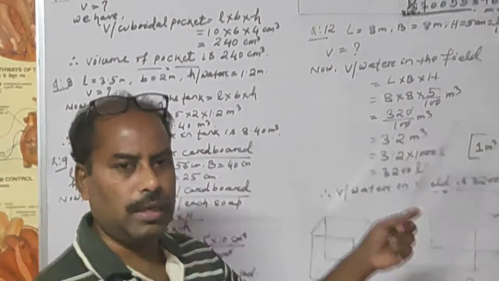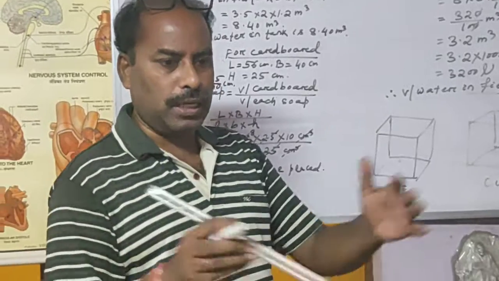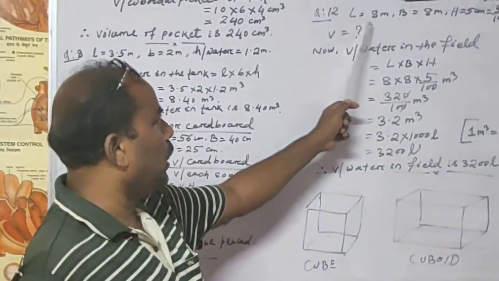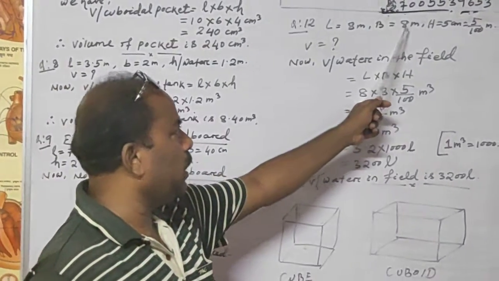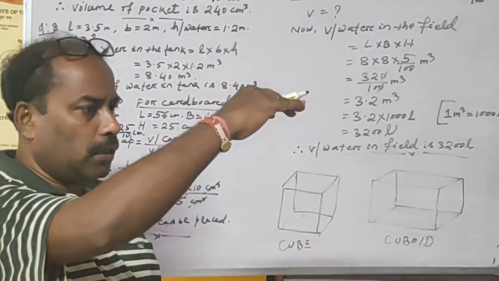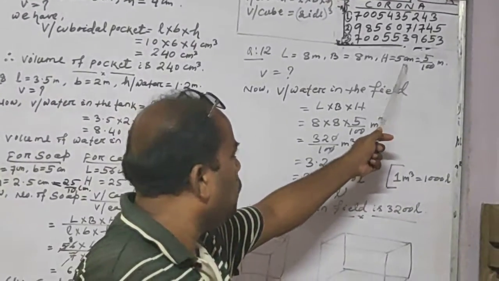Question number 12 says that on a rainy day there is a terrace field, that is a rectangular field. The length is given as 8 meter, the breadth is 8 meter, and due to the rain for a certain time, the height of the water stagnated in the terrace field is 5 centimeter.